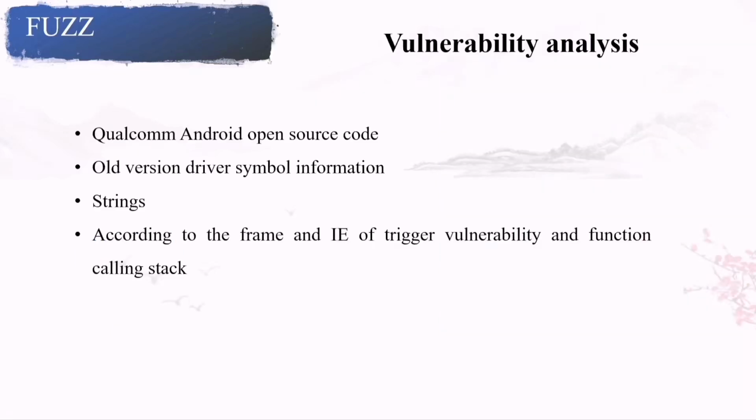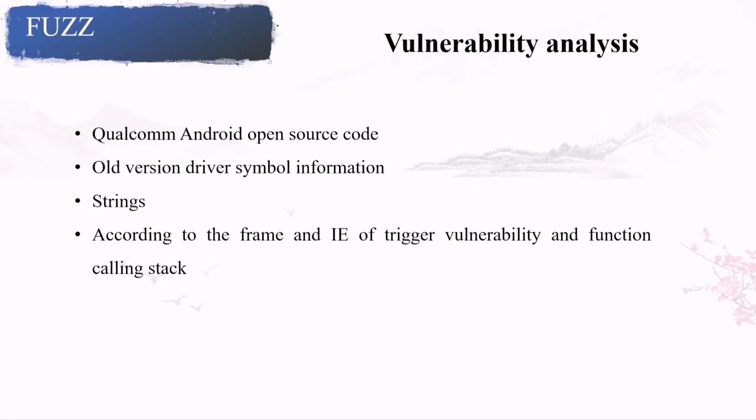If we find a crash and the POC reproduction is completed, it is necessary to analyze the cause of the vulnerability by reversing the binary file. In most cases, we don't have the driver source code and can only analyze the vulnerability by reversing the binary file. Generally speaking, the latest driver does not have symbol information.